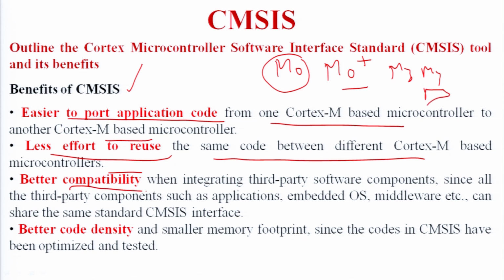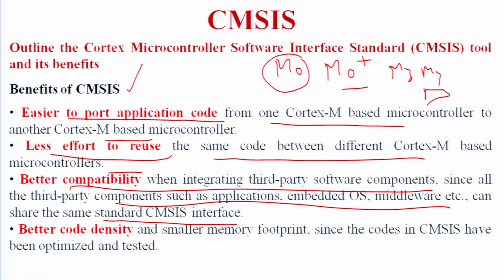It has better compatibility when integrating third-party software components, since third-party components such as applications, embedded OS, middleware, etc. can share the same standard. So it has better compatibility. If we are using a particular microcontroller, its code is applicable to all the microcontrollers under a particular microcontroller category. It has better code density.